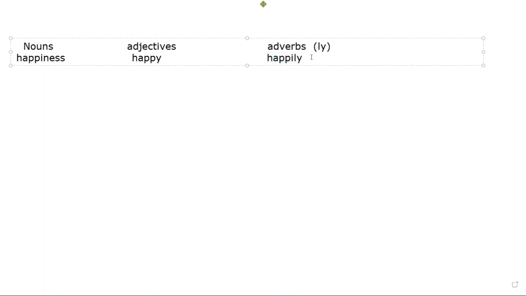Let me give you another example. People are usually sad. Now, according to the rule that I have just mentioned, that you obtain the adverb by adding ly at the end of the adjective, tell me, according to your perception, what would be the adverb of sad? Sadly.